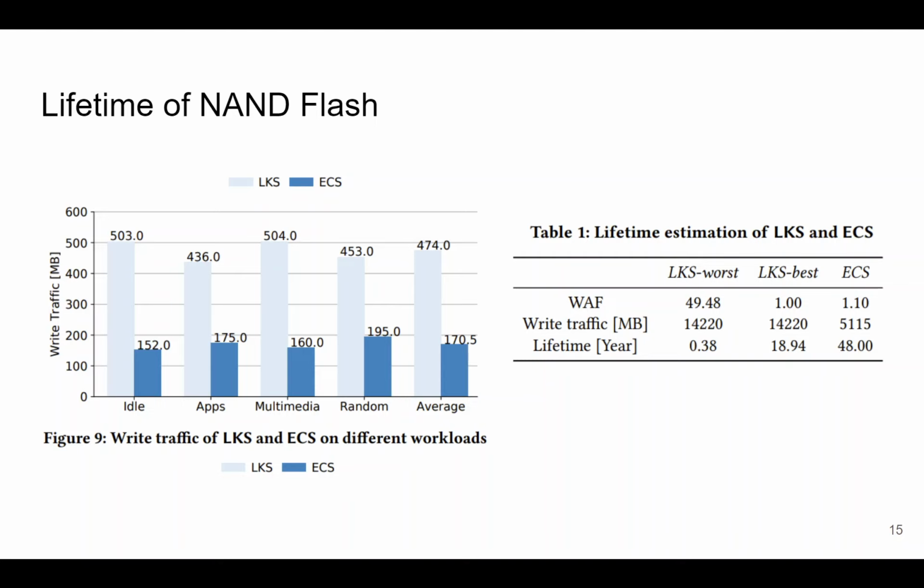The simulated WAF result of ECS is 1.1, which is almost the same as the theoretical best value of 1.0. However, it is still difficult to simulate the I/O patterns from LKS because the I/O patterns are completely random every time. For fair comparison, we assume the best and worst case from another study. Table 1 summarizes the estimated lifetime in years.